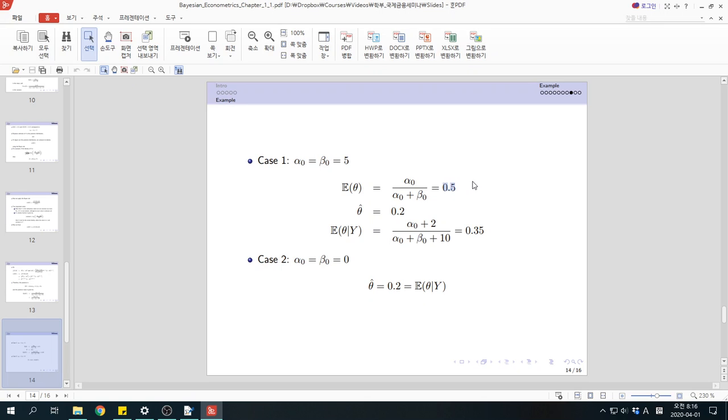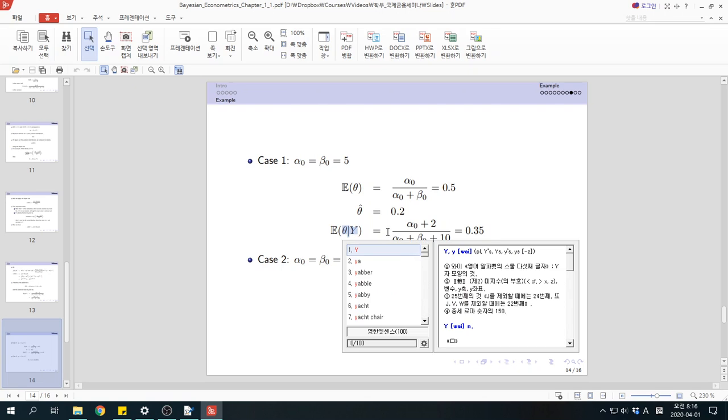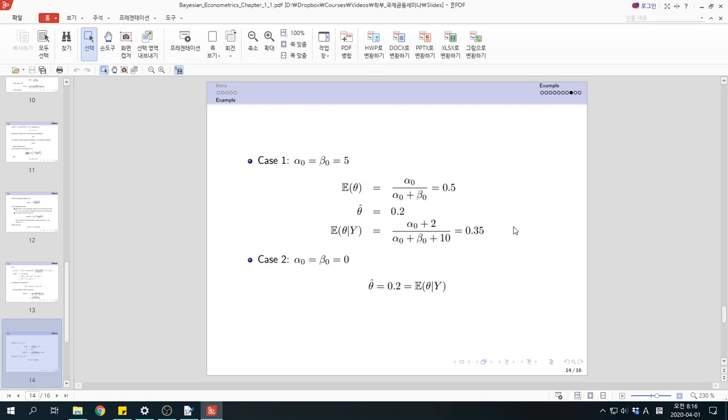This is my estimate before y is observed, and this is the estimate implied by only data. This is a combination of my prior information and data information. So that's why this is in the middle of 0.5 and 0.2, right?